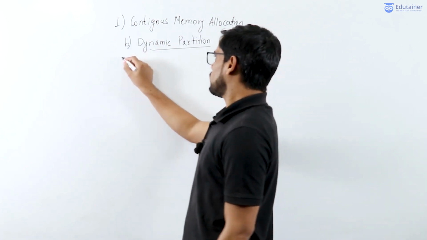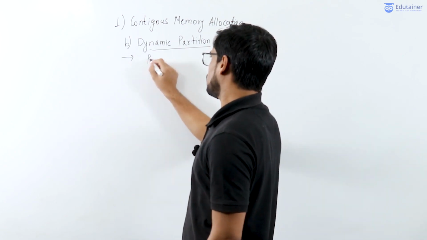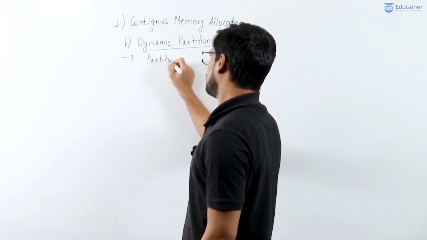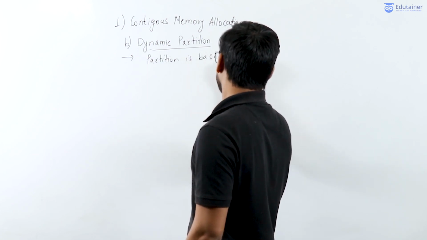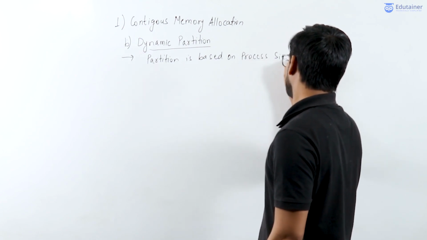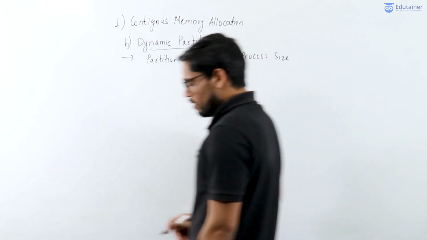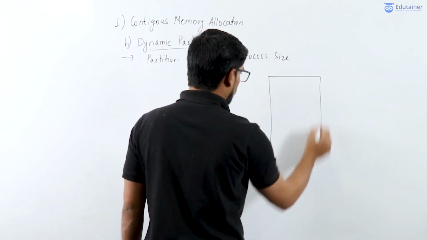Dynamic partitioning is generally based on the process size. So here the partition is based on process size. Got it? For example, let's say we have main memory.